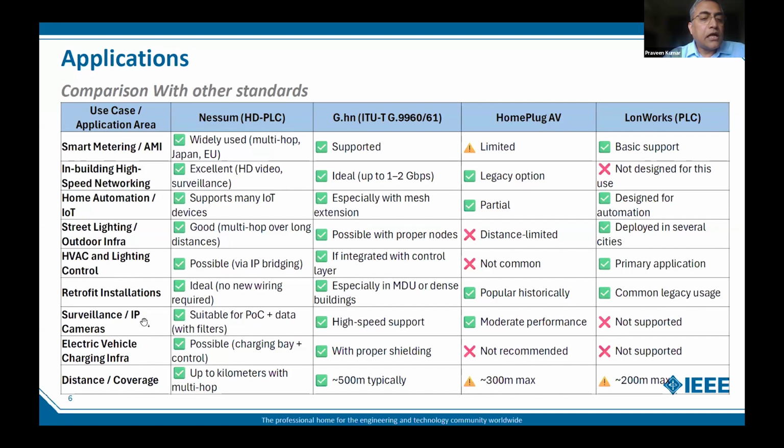Then IP surveillance cameras, multiple cameras can be supported. Then electric vehicle charging could be one use case for this.